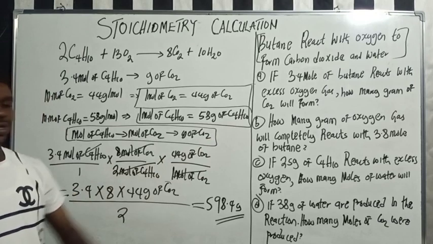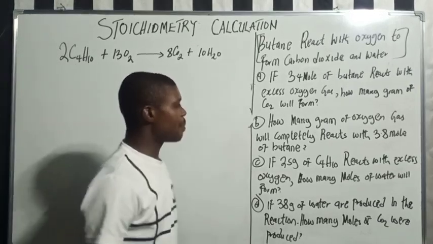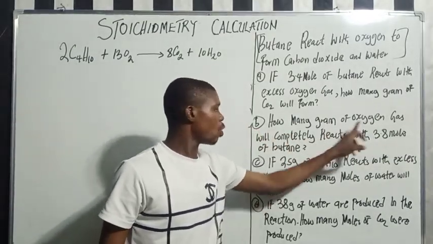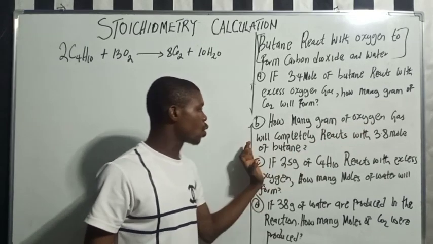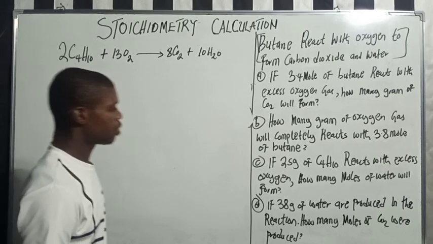So we are going to look at question 2 now. It says how many gram of oxygen gas will completely react with 3.8 moles of butane?